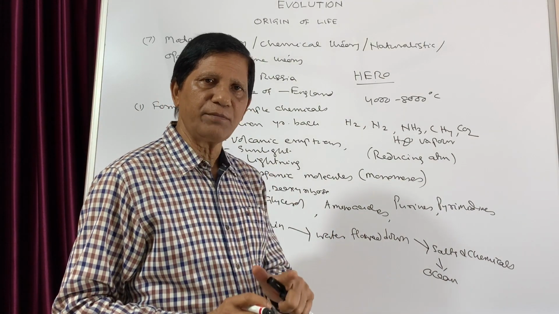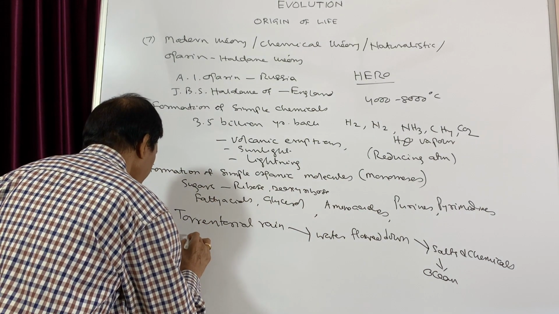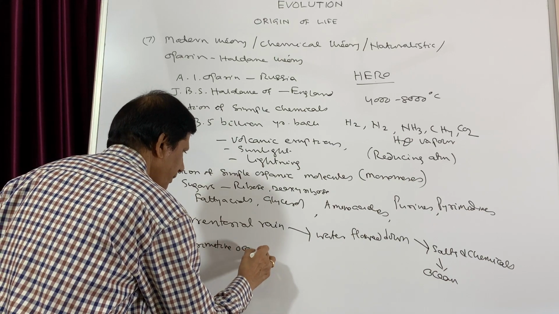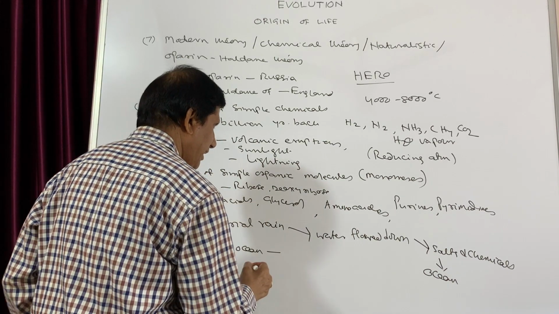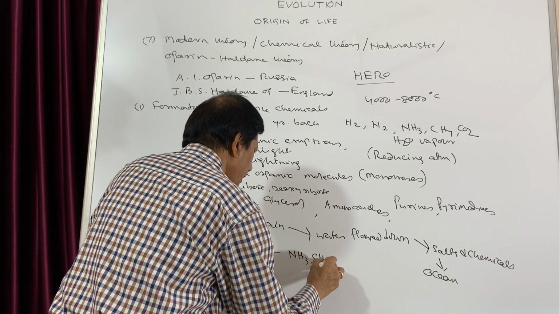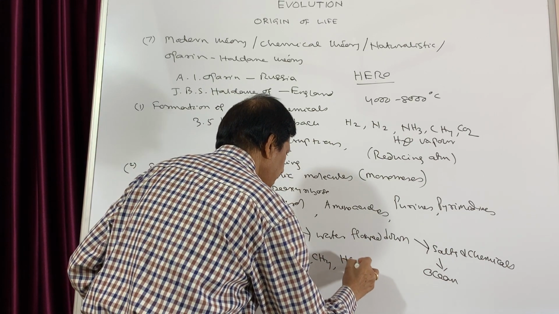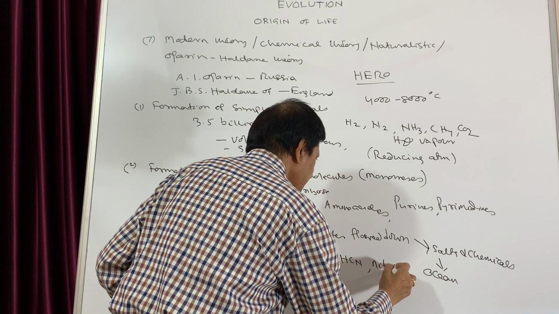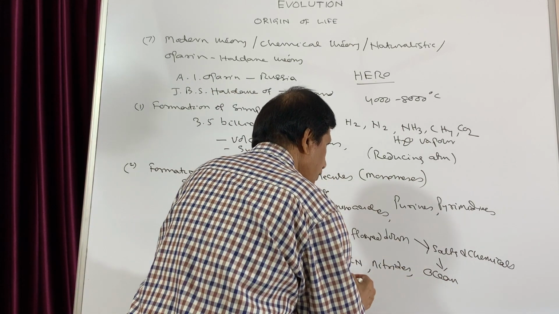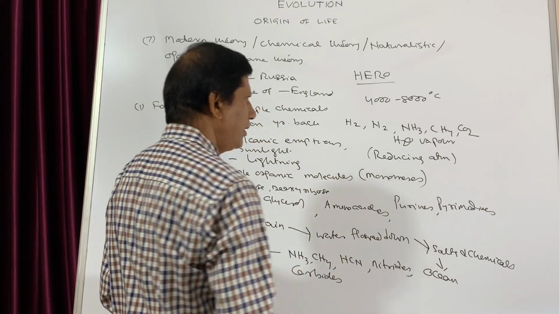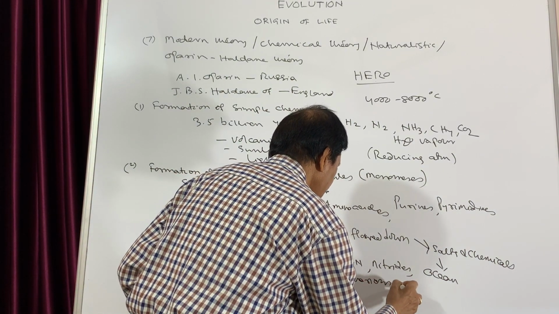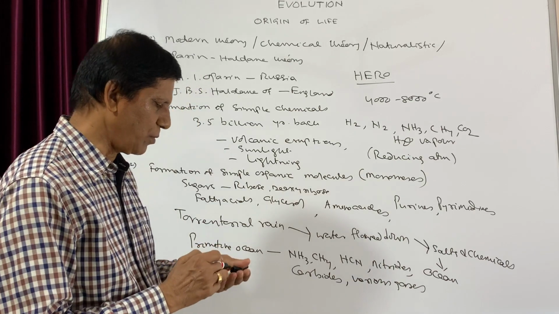And it has been observed that the primitive ocean contained compounds like ammonia, methane, then hydrogen cyanide, nitrites, carbides, then also different types of other compounds like various gases. These were present in the primitive ocean.